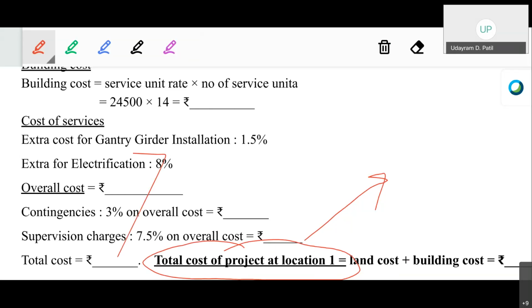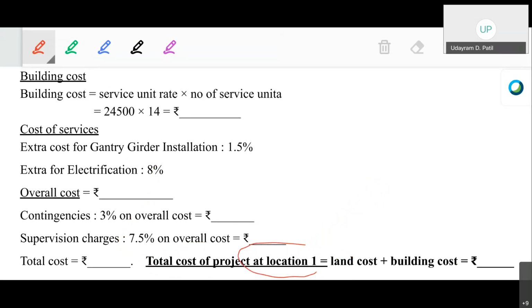So total cost of the projects for location 1 is 51,82,525.425 rupees.